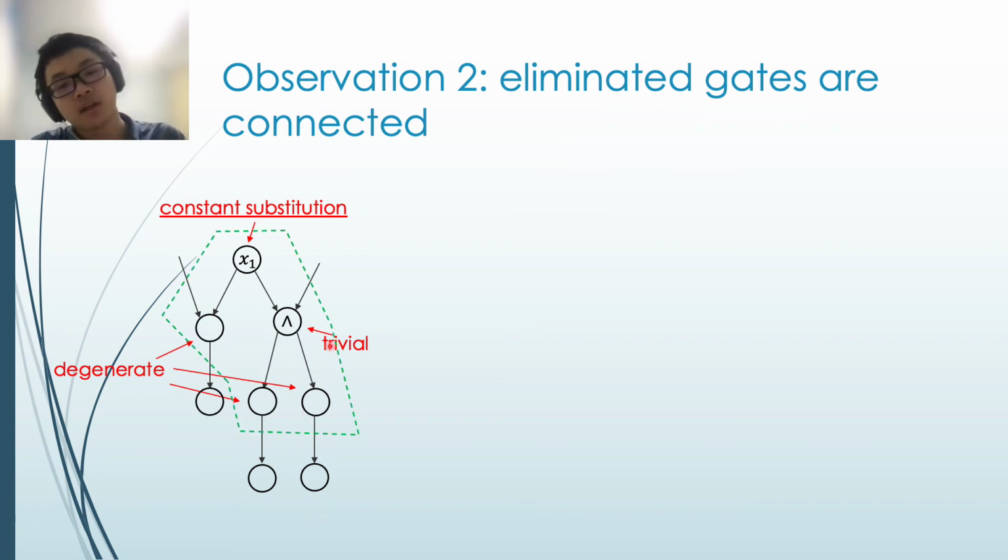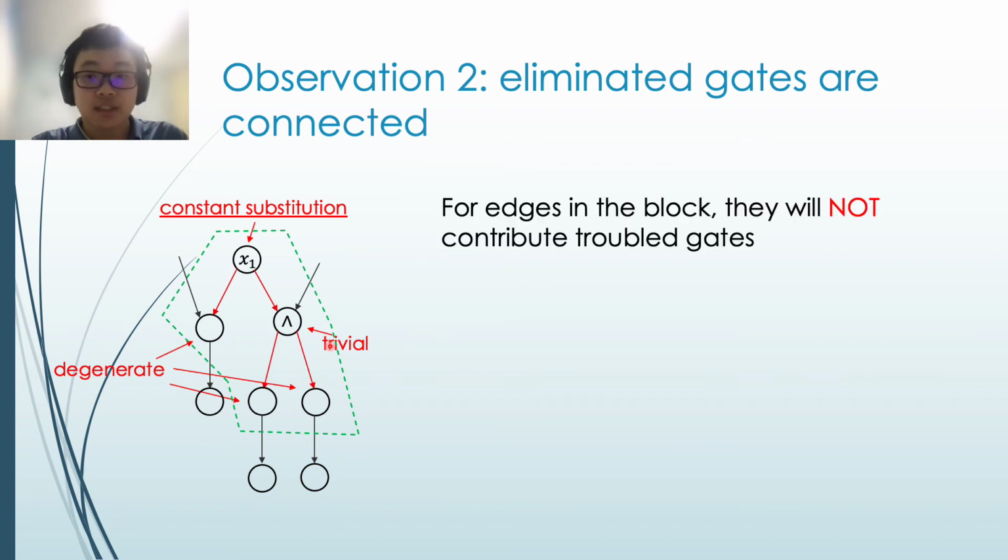How can this help? For each edge within this block, such as the red edges here, one can see that they will not contribute trouble gates. For example, in this figure, that's because x1 and this AND gate are already eliminated from the circuit.